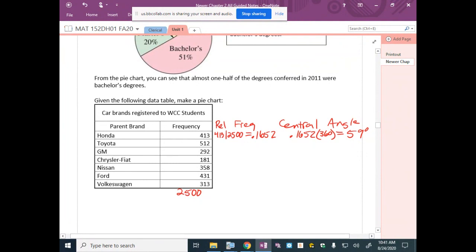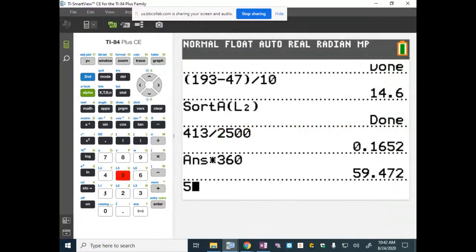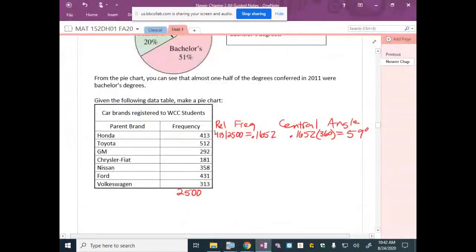Now, the original way I actually had this problem written was most car thefts by brand, and Toyota cars are the most stolen. Why do you think that is? Well, not being car thieves, you probably shouldn't know that, but basically they take them for the parts. 512 out of 2,500, that would be 0.2048.